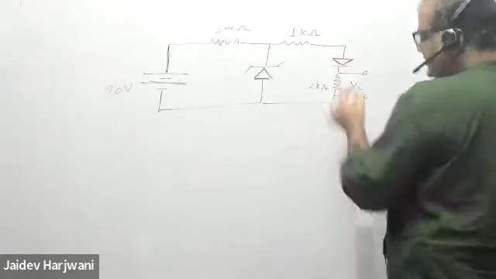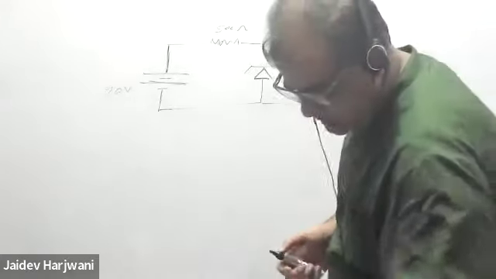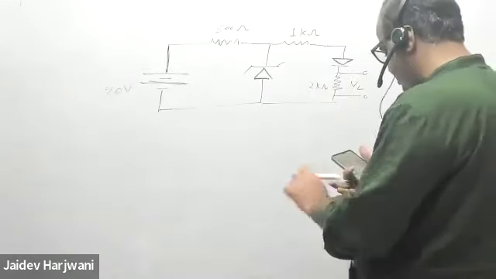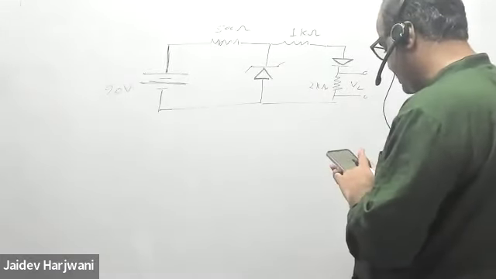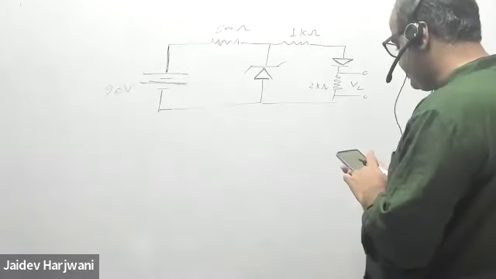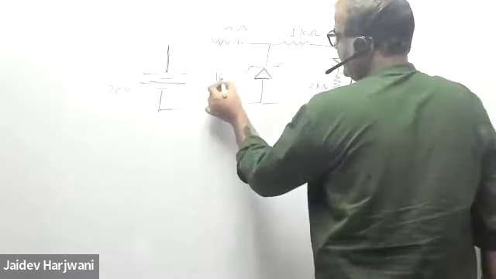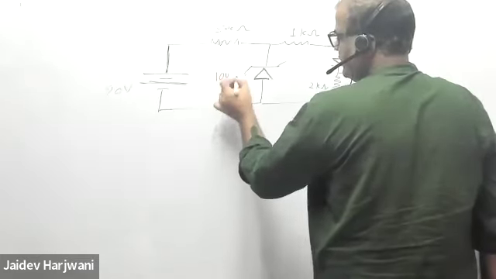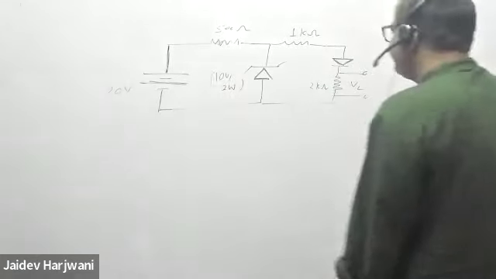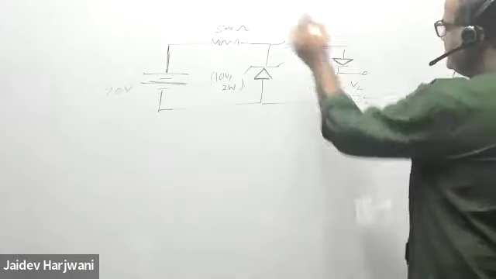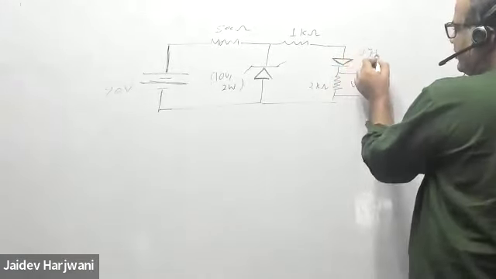The Zener diode requires 10 volts, given as 10 volt and 2 watts, and this normal diode requires 0.7 volt to turn on.